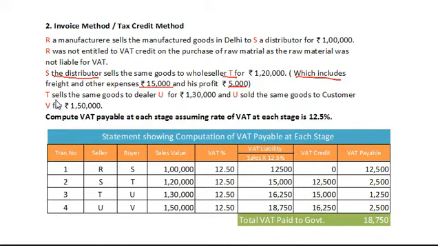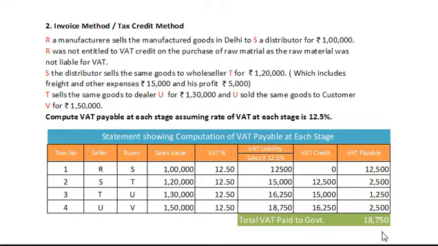Then T sells the same goods to dealer U for rupees 1,30,000 and U sold the same goods to customer V for rupees 1,50,000. So here we have to compute VAT payable at each stage, assuming rate of VAT at each stage is 12.5%.